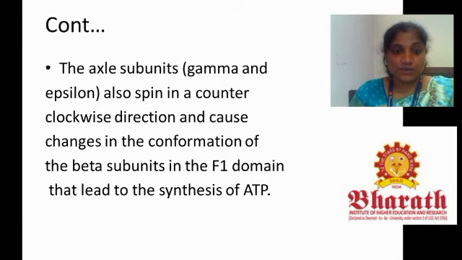The axial subunits, the gamma and epsilon in the middle joining the F0 and F1, also spin in a counterclockwise direction, and it will cause changes in the conformation of the beta subunits in the F1 domain that leads to the synthesis of ATP. So these axial subunits play an important role in rotating the F1 domain to produce ATP molecules.